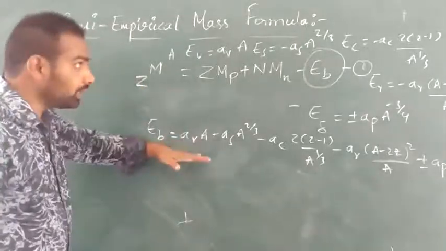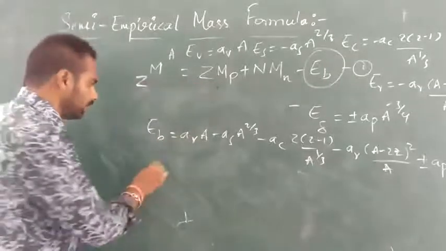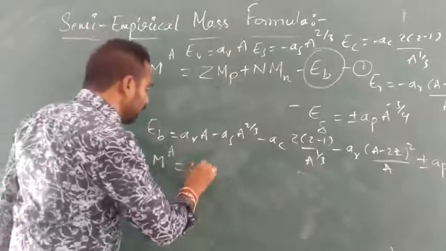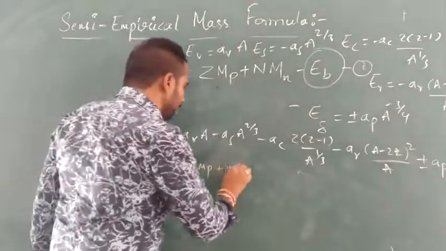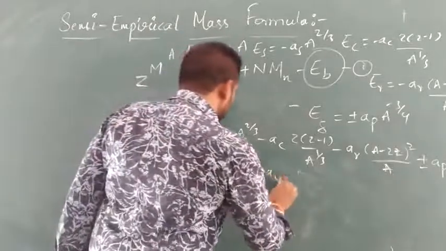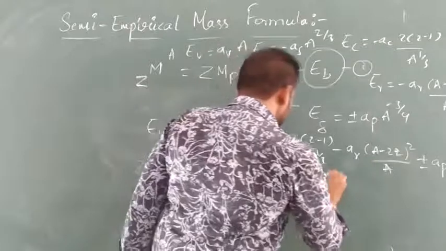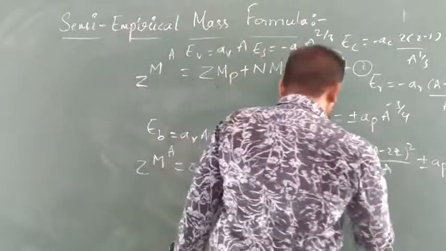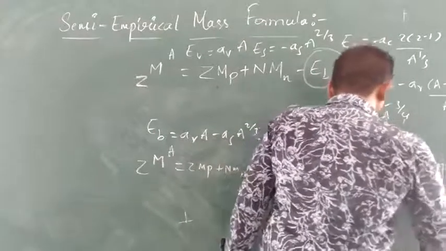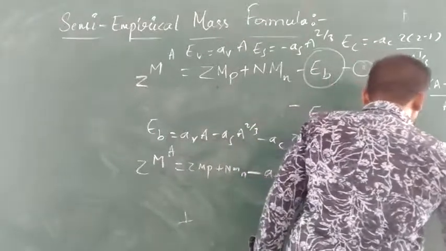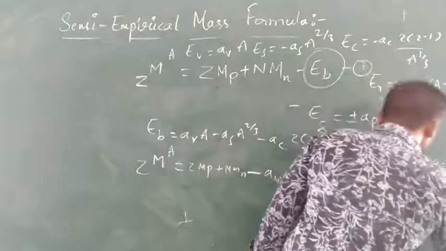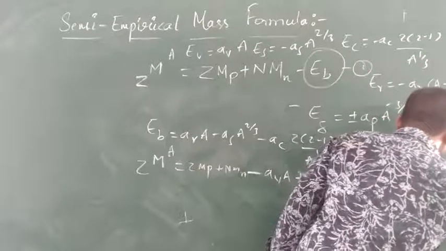Now if you substitute this value in equation 1, we get the actual mass of the nucleus: ZNPA is equal to ZMP plus NMN minus AB A plus AS A power 2 by 3 plus AC Z into Z minus 1 by A power 1 by 3 plus AR (A minus 2Z) whole square by A plus or minus AP A power minus 3 by 4.